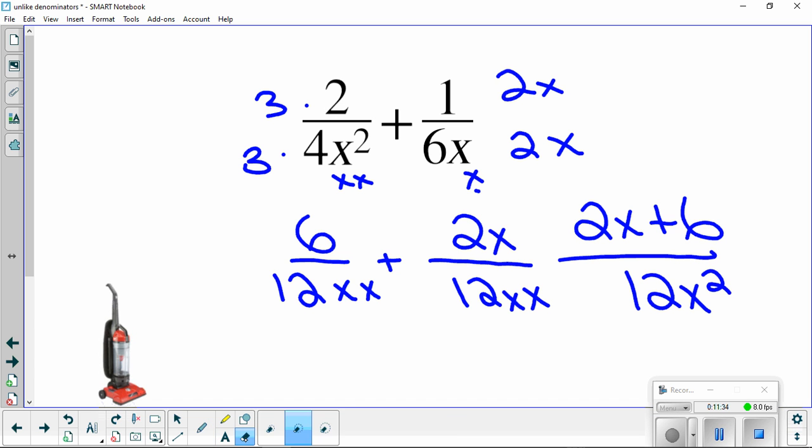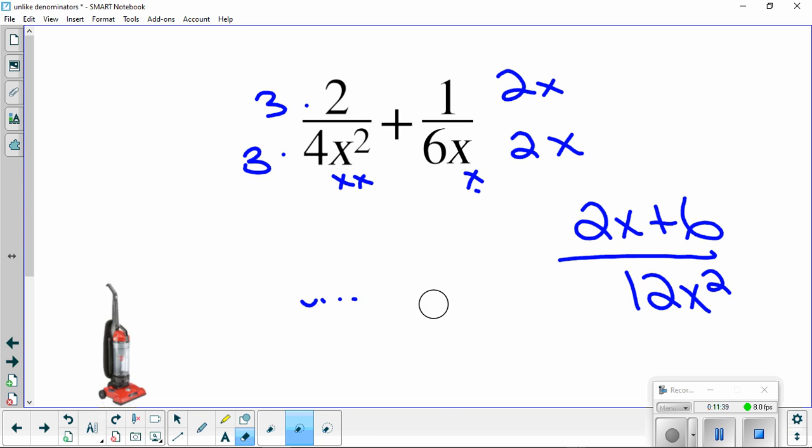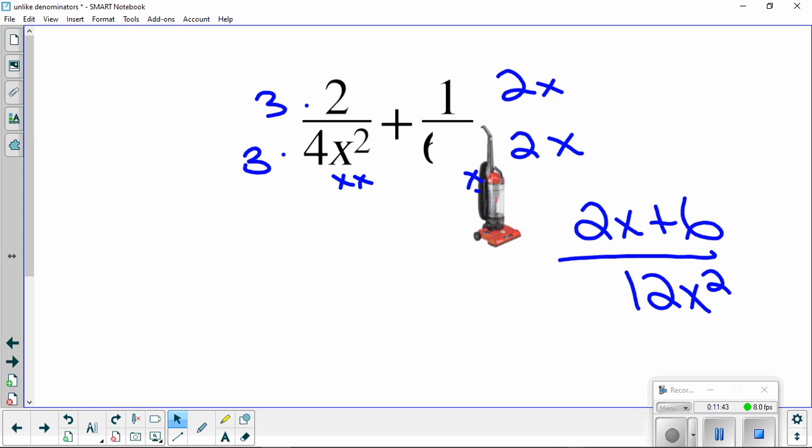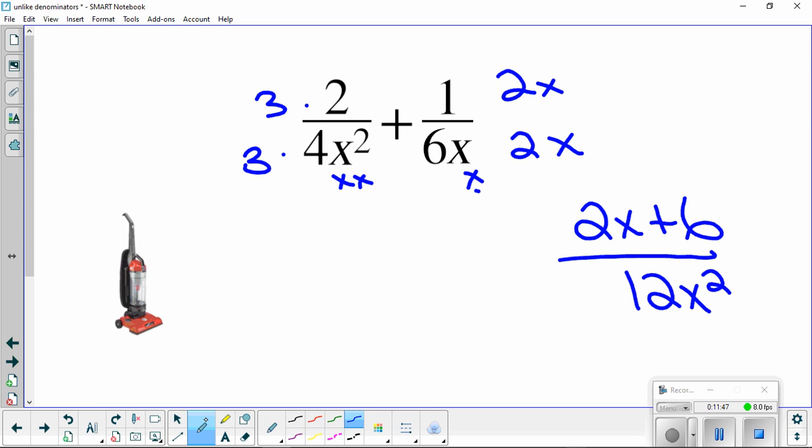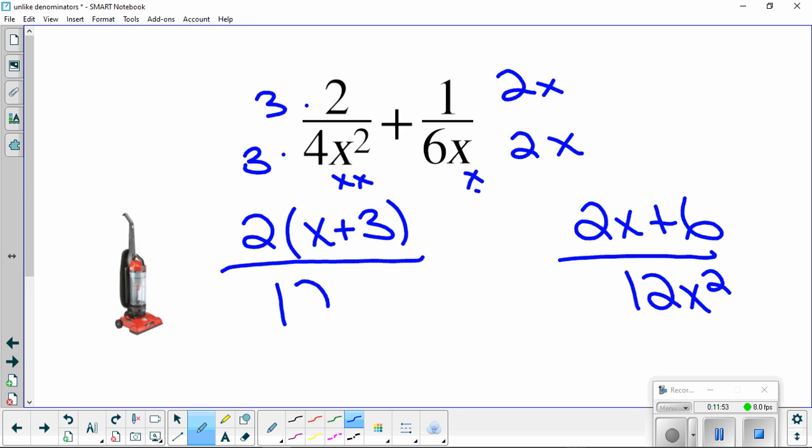No, I've got to factor, cancel, squish if I can. So let's take a look at the top. Can I suck anything out of the top? Look, oh wait, I'm so excited. I got my vacuum. He's vacuuming out right there. He's going to vacuum out a 2, and I'm left with x plus 3 over 12x squared.